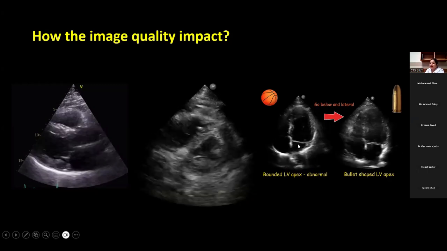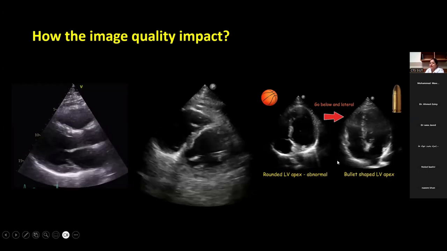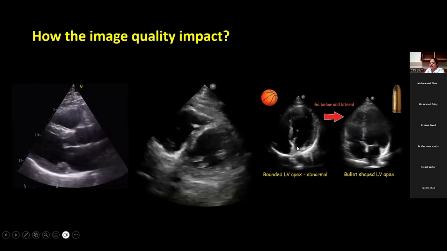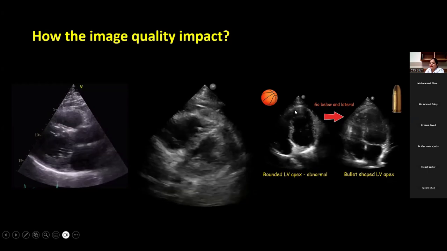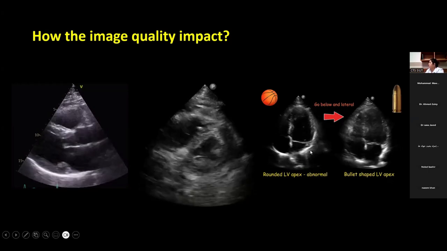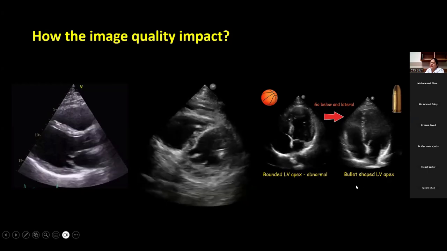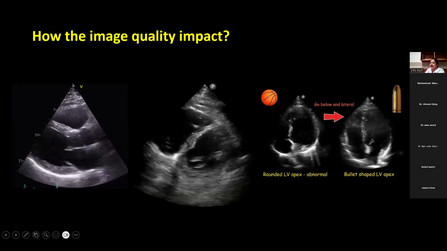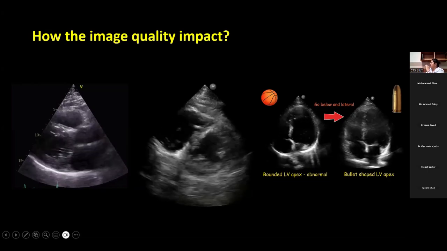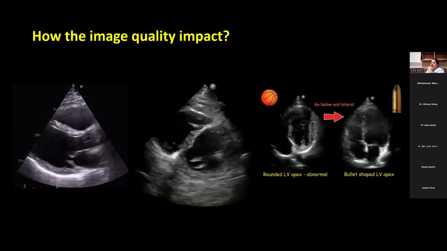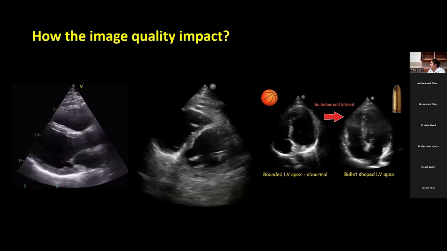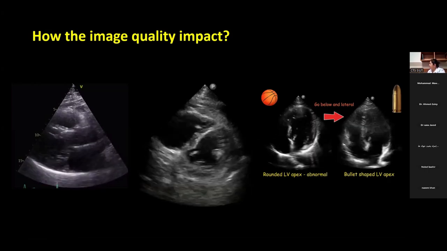Similarly here in the four chamber view, sometimes our images are not good, and here you can see the LA is small and the apex is globular, like a ball, and actually it should not be. The LV is bullet shaped, because sometimes you miss the apical thrombus or apex, and the contractility. So you have to make efforts to make the image properly.